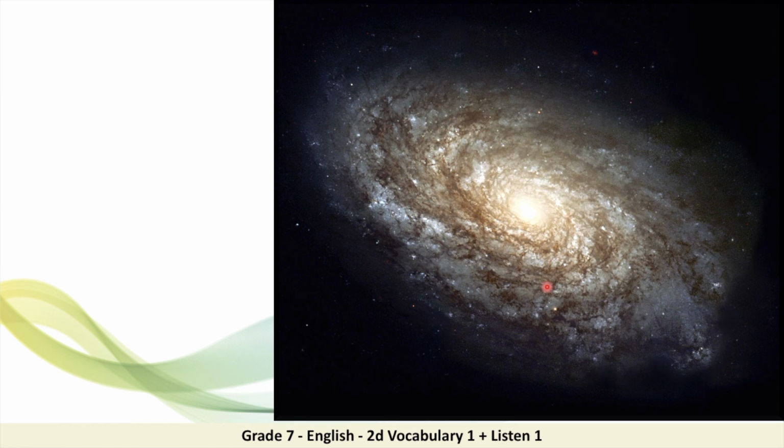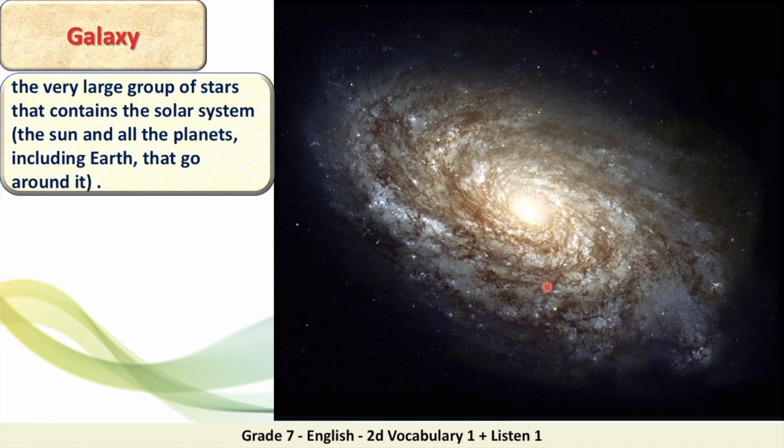What can you see here? Galaxy. What does galaxy mean? The very large group of stars that contains the solar system, the sun, and all the planets, including Earth, that go around it.